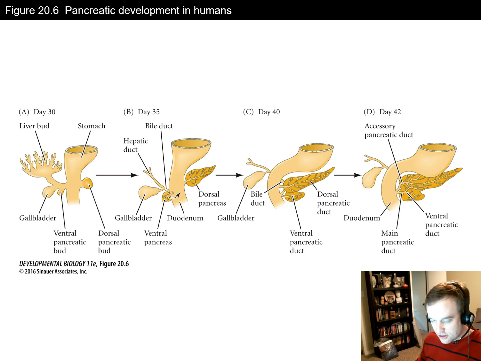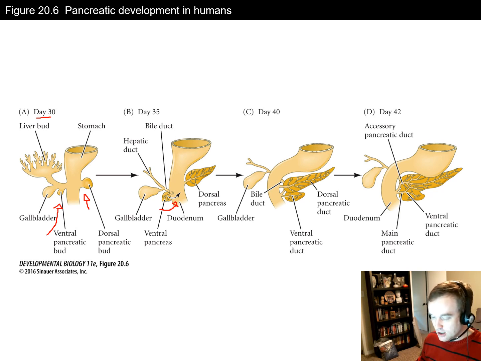So if we look at day 30 over here, we see that we have this ventral bud and this dorsal bud. By day 35, there's the beginning of this migration, where the ventral pancreas, what was the ventral bud, will move towards the dorsal bud.